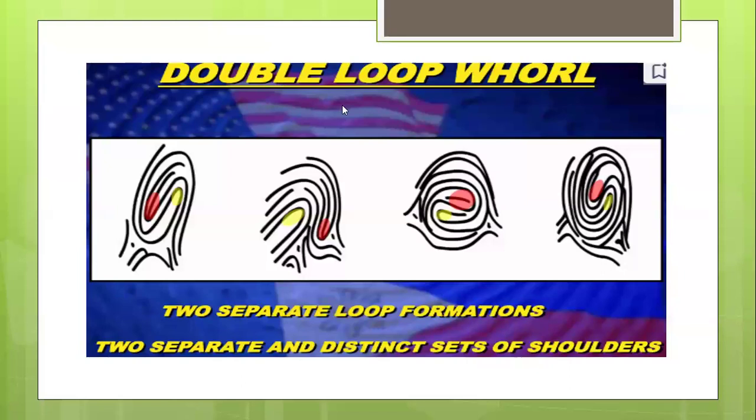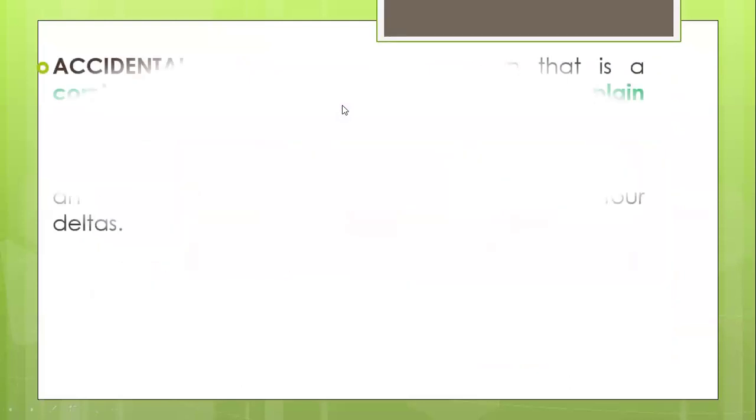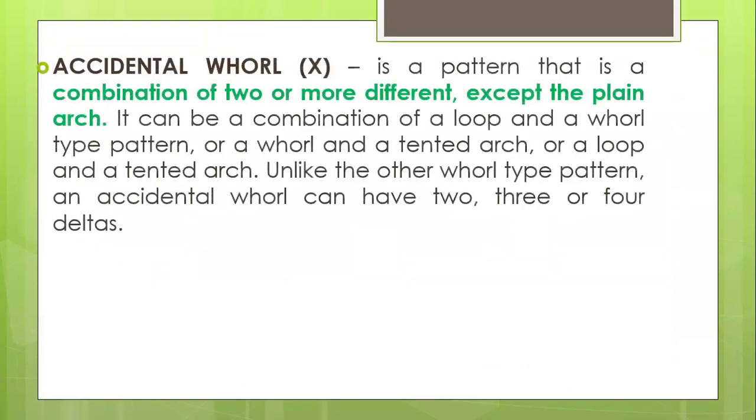Okay, next. Accidental whorl, which is represented by the sign of X. What's the qualification of an accidental whorl? An accidental whorl is a pattern that is a combination of two or more different patterns.